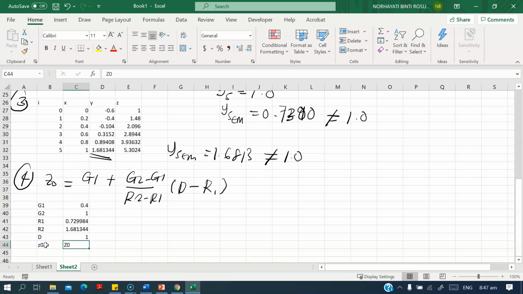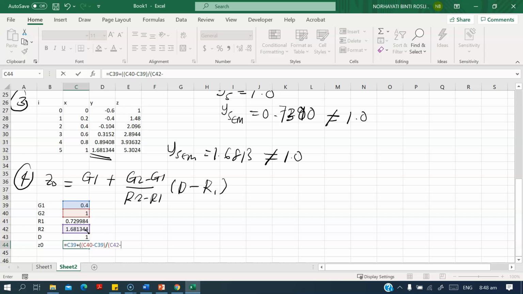Our actual Z0 will be equal to, here I input this formula, which is G1. So I put equal here, and G1 is 0.4, plus you need to put all this in the bracket. And then put G2 minus G1 also in the bracket, that is G2 minus, click here, G1, close the bracket, divided by R2, this value, minus R1, this value, close the bracket, and then plus all this.